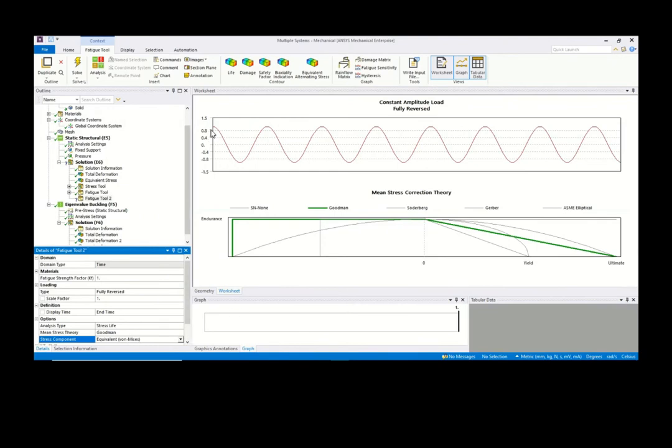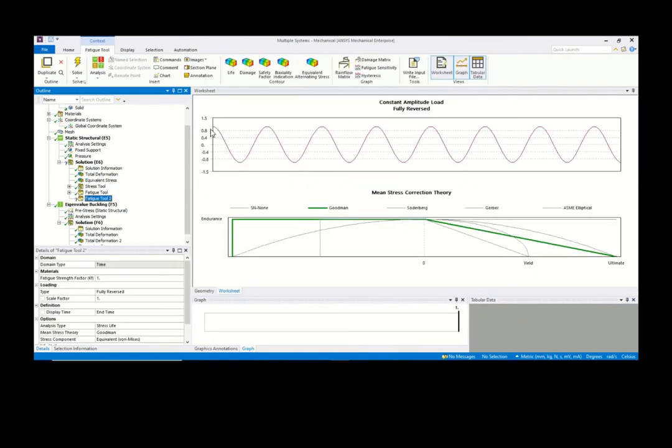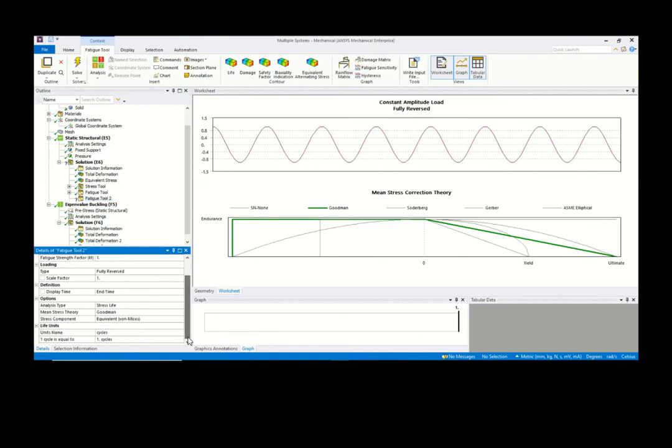Later on, if you solve, you get 216.9 maximum, so it refers to 216.9, minus 216.9, plus 216.9. So you are using equivalent stress as your stress component, and you are using Goodman theory. All right, then this setting is done.